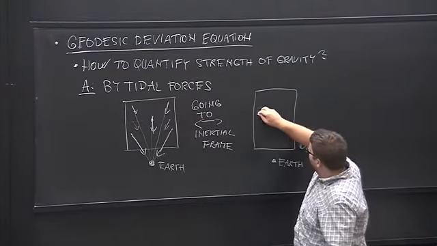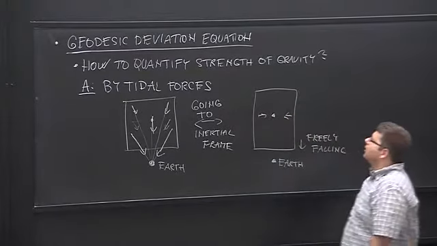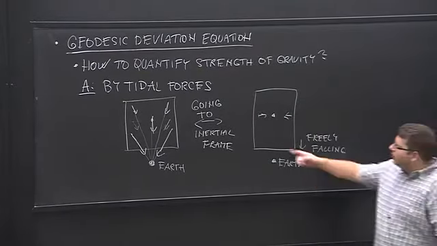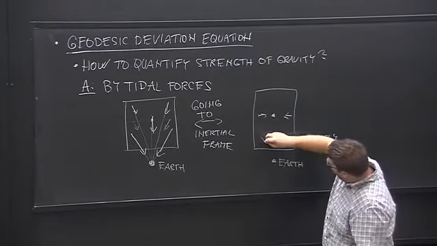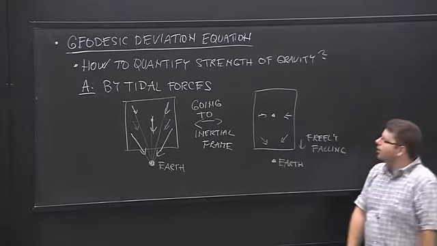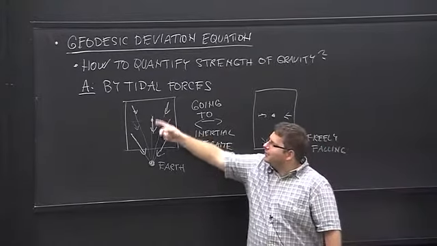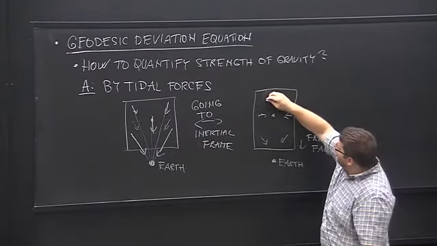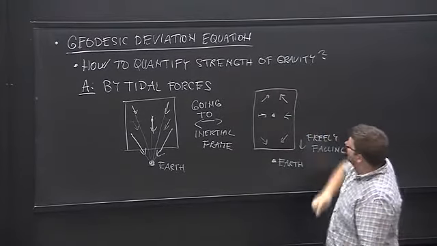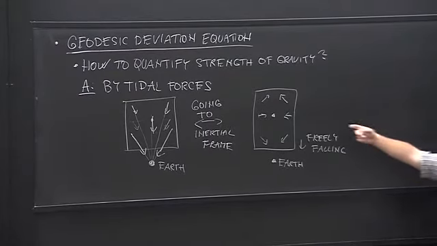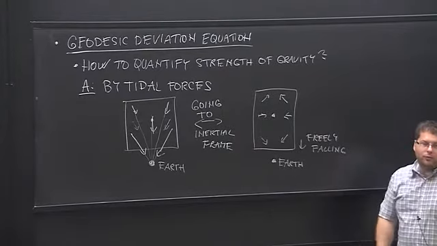But of course, if I draw the forces on this line, they'll be directed towards the center. So then you will have forces like this here. And of course, these forces here are much bigger because you are closer to the earth. But if you are further away and you subtract this force here, you will actually have forces like this. So the statement is these differential forces are really what describes the strength of gravity. This I cannot get rid of by going to the freely falling frame.